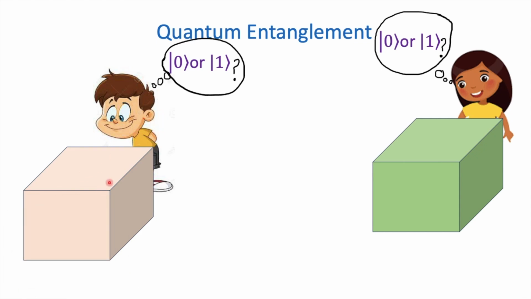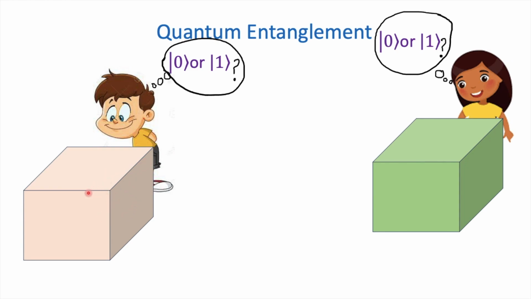Now if you and your friend want to measure the states of the particles within the boxes, if you want to know the state of the particle within the box, you cannot determine it without opening one of them.